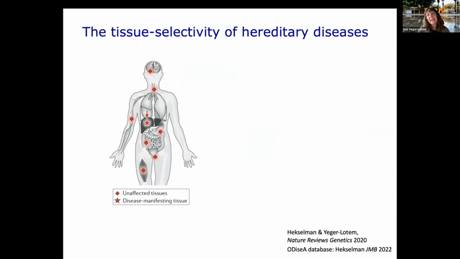Now, one of the enigmas that we've been studying a lot in the recent decade is the tissue selectivity of hereditary diseases. What is a hereditary disease? This is a disease that is caused by mutations in the germline, meaning the mutations are actually present in all cells throughout the body.